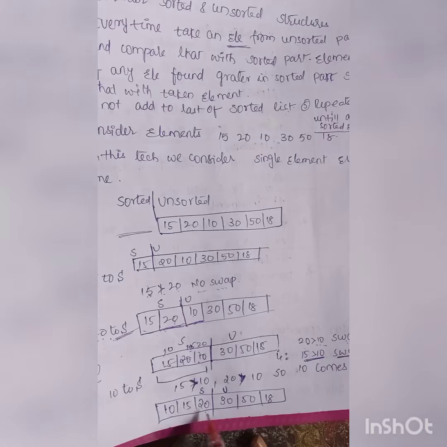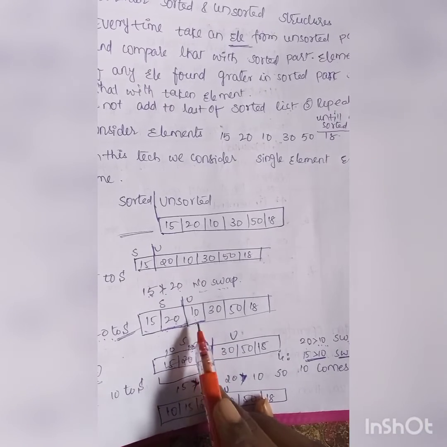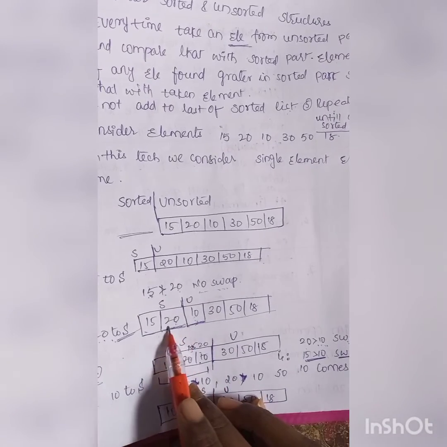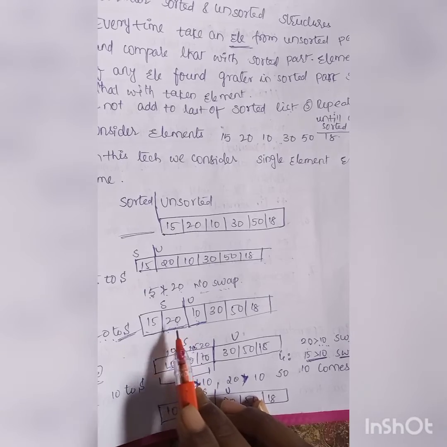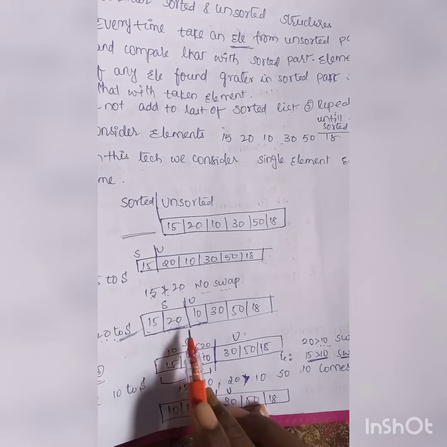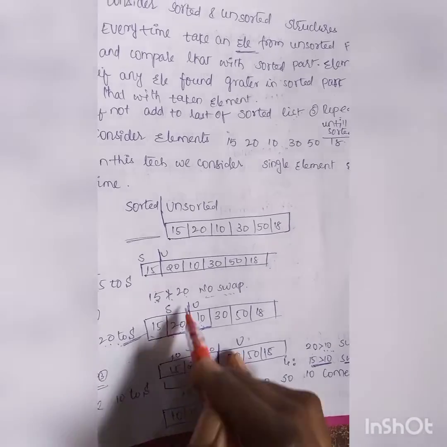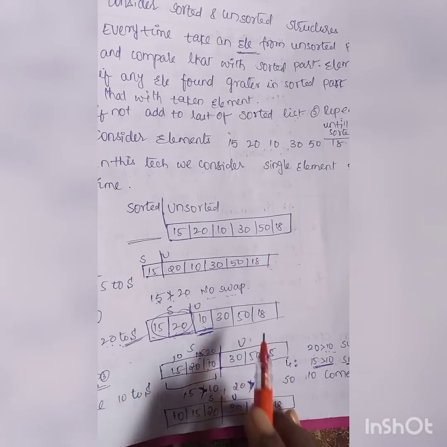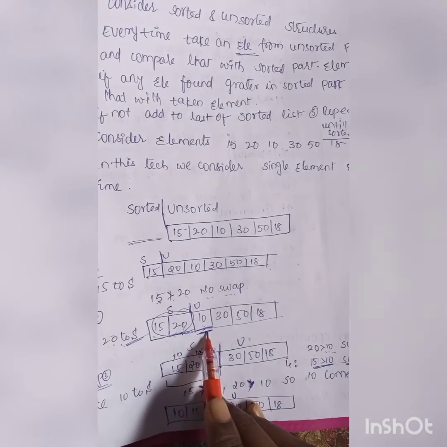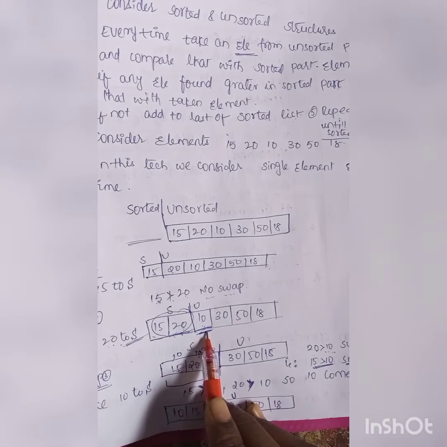That means whatever element you are considering from the unsorted part to the sorted part, you must compare each and every element. If any element in the sorted part is greater than the new element, you have to swap that element with the new element. Again, compare other elements.